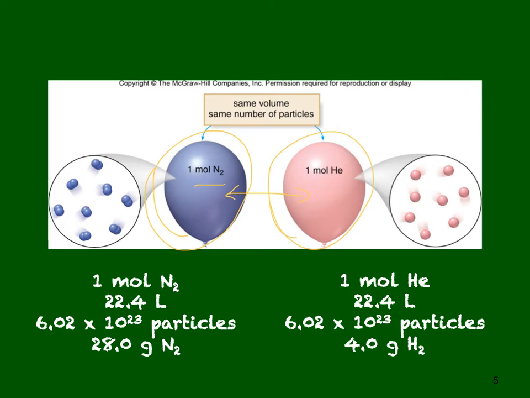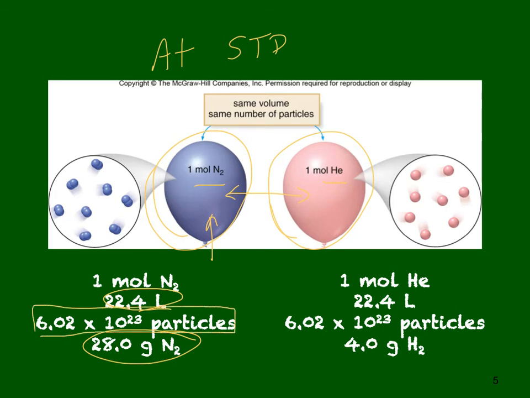So if this is nitrogen and this is helium, this contains 1 mole of nitrogen, which is 28 grams of nitrogen. It's 22.4 liters at STP. We have to make sure that that is at STP. That is 1 mole, 6.02 times 10 to the 23rd, Avogadro's number of particles.